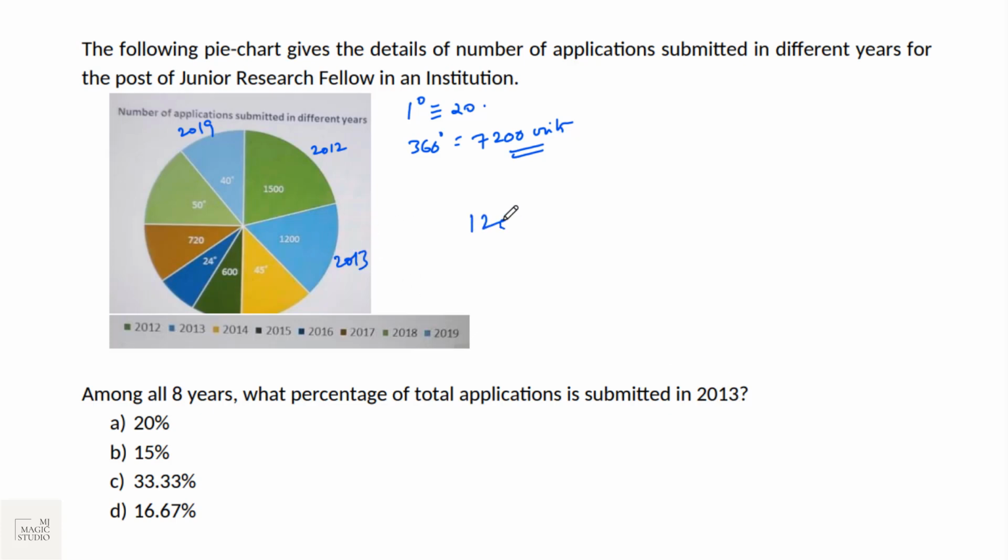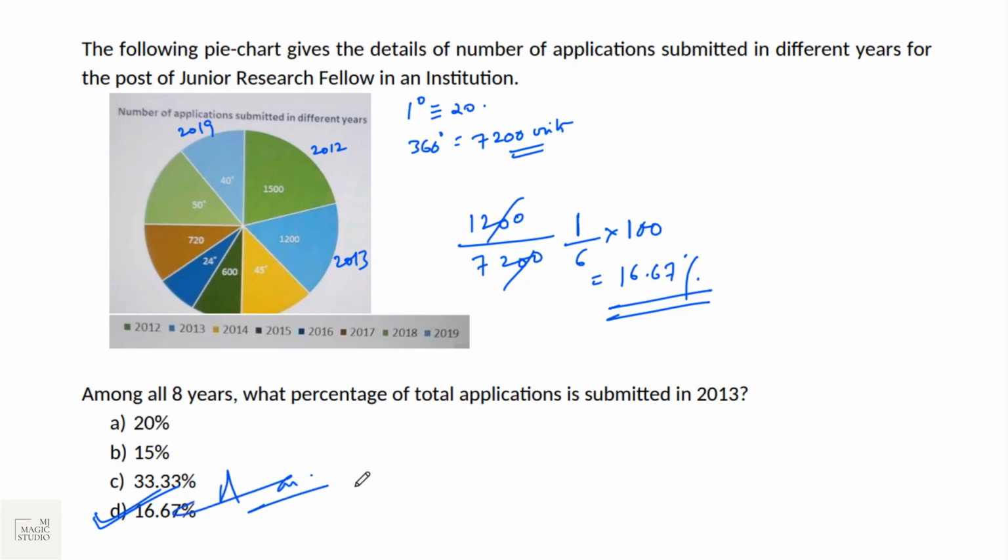In 2013, number of applications submitted are 1200 over 7200. That is 1/6 of the total. 1/6 of 100 is 16.67% of the total. Out of the 8 years, in 2013, 16.67% of applications were submitted.